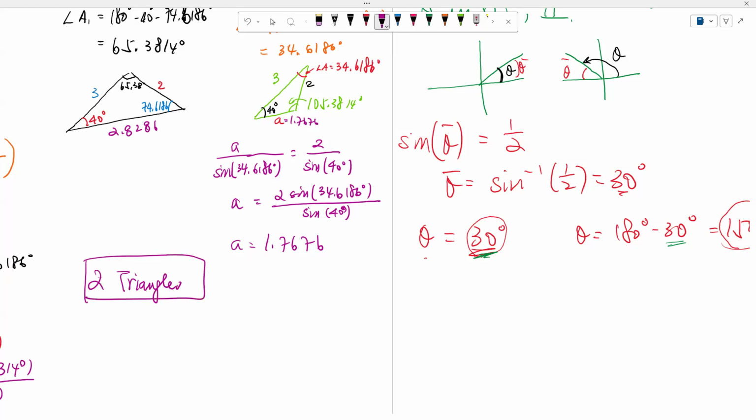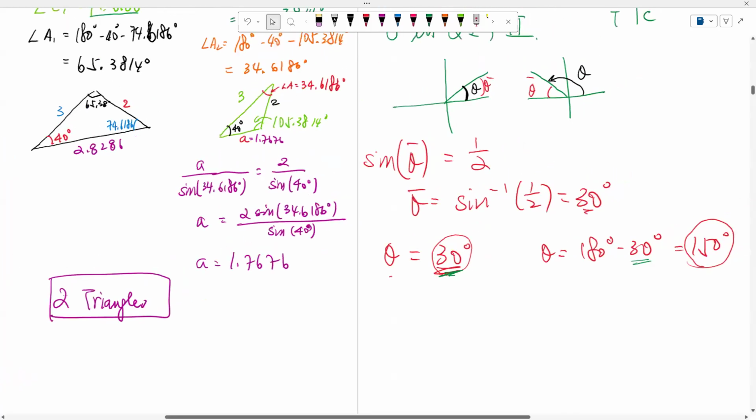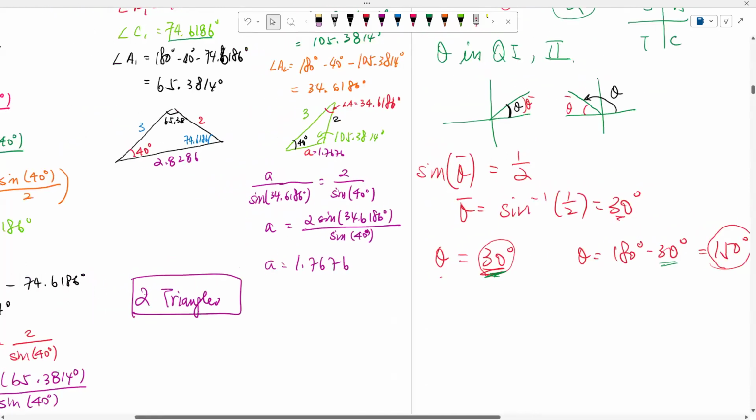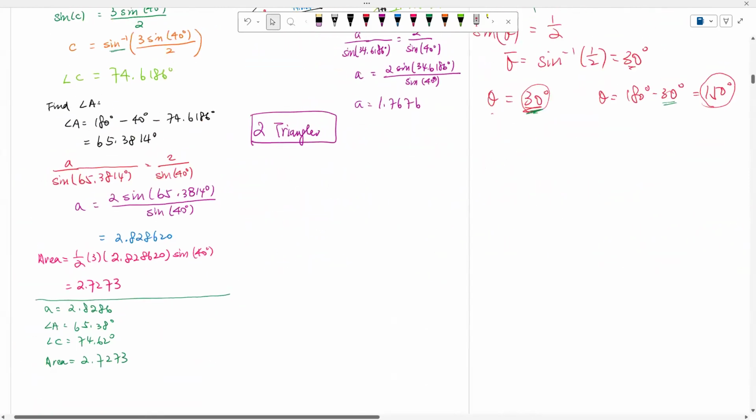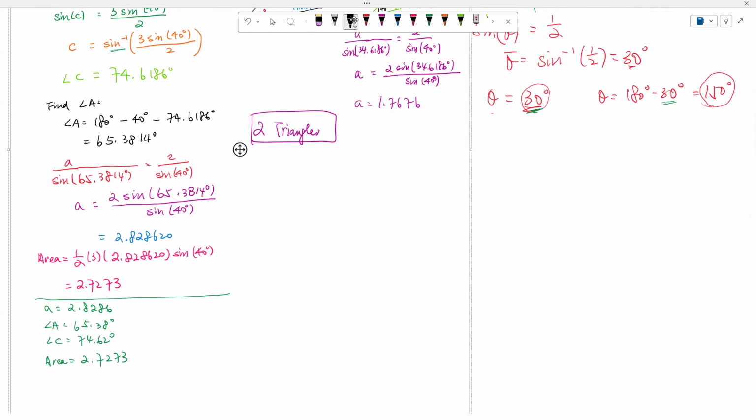Okay. And to the second triangle, we have A equal to 1.7676. We have angle A is 34.62 degrees. We have the angle C is 105.38. Okay.